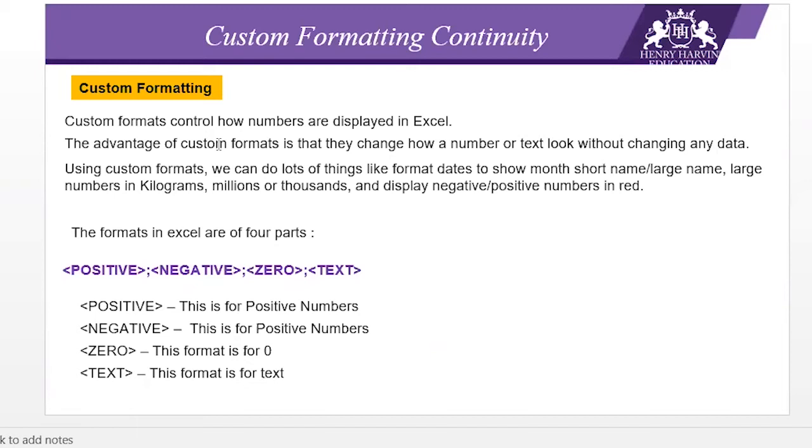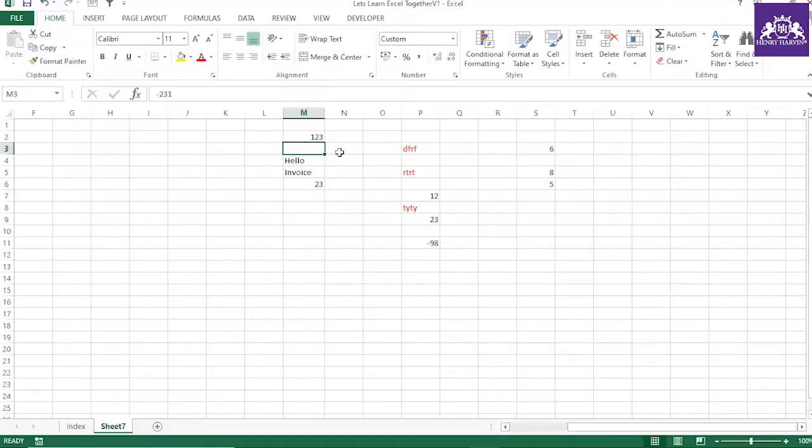Any format you skip will disappear. If you don't specify a negative format, negative values will disappear. When I say disappear, it means they will not be visible, but the value will be there. It is like white paint happening on it, the way we did here with this 231.